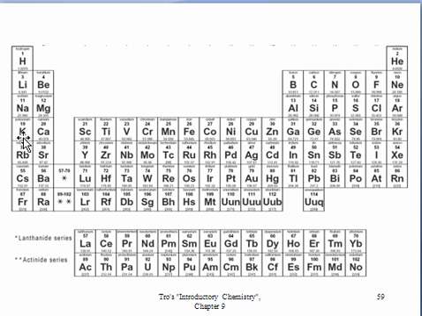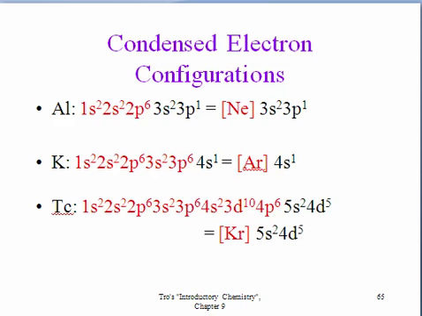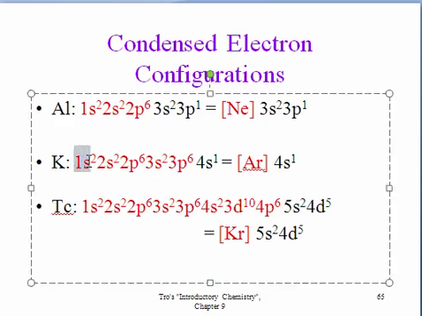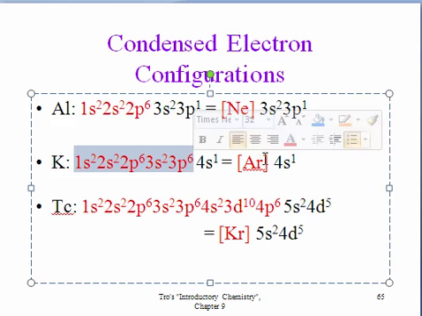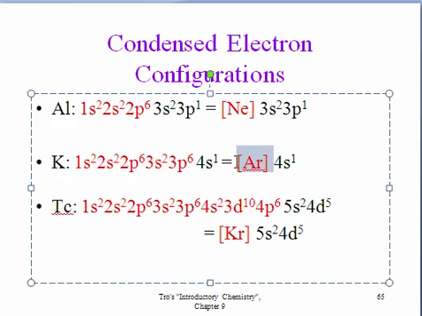This is our S block, and it's our first column, so it's 4s1. So here are our first 18 electrons, all filled subshells, same electron configuration as argon. So we put argon in brackets, and then our last electron, 4s1, goes on the end.